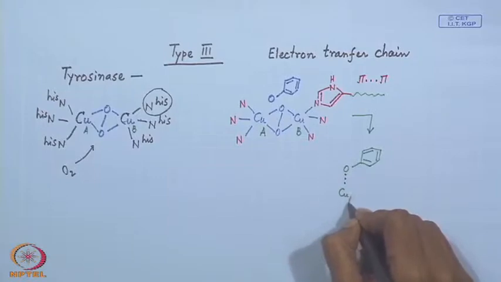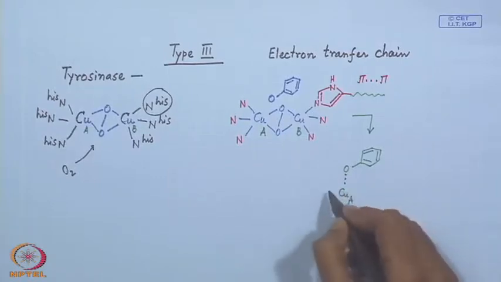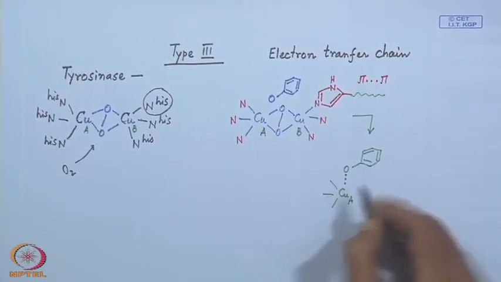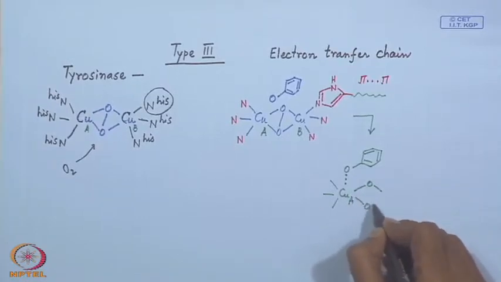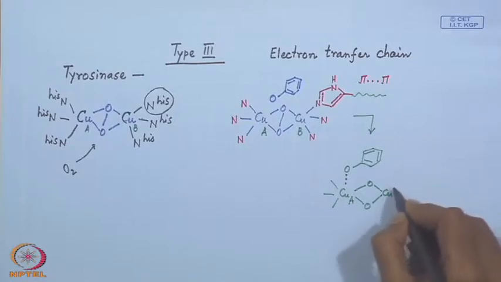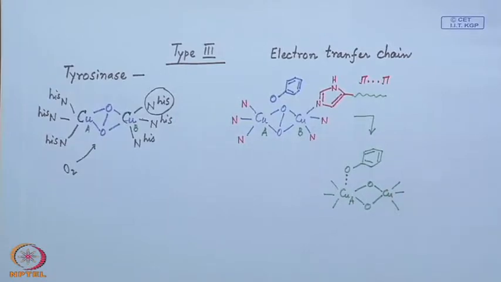That means it will start interacting with copper 1, and due to that, these groups are still there.